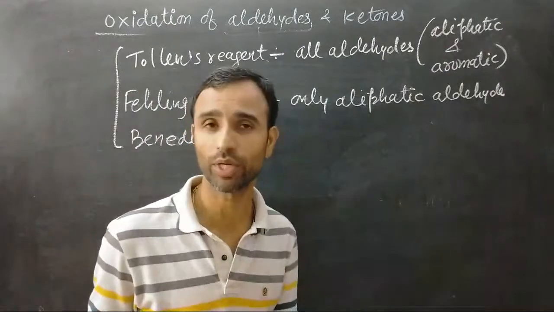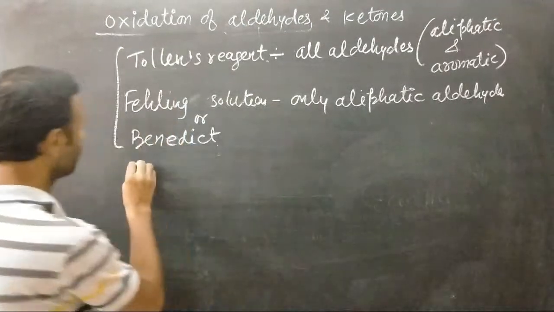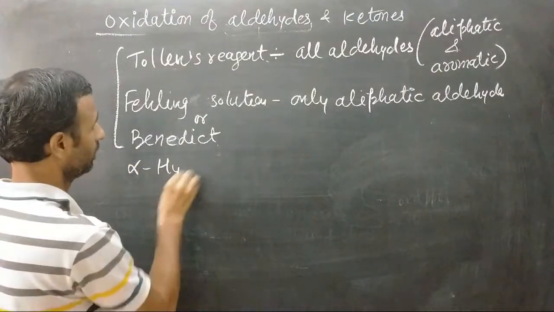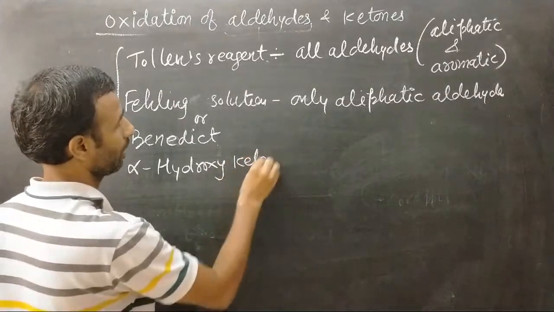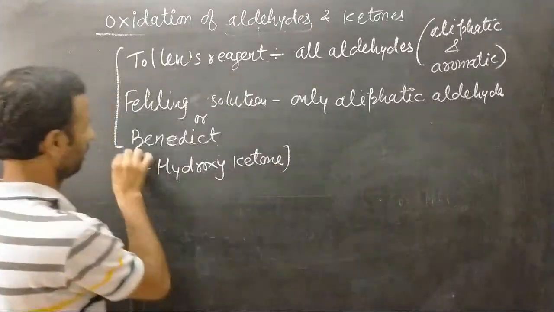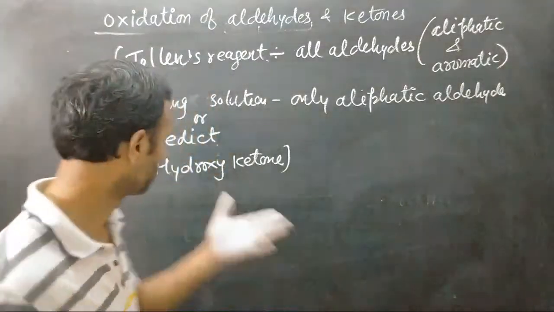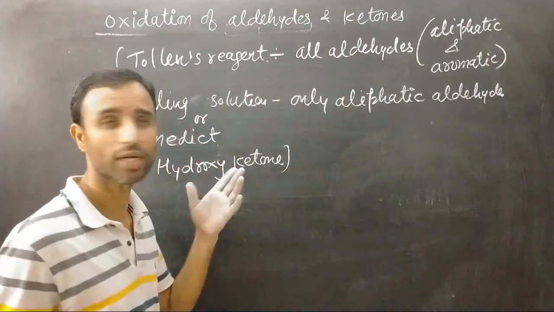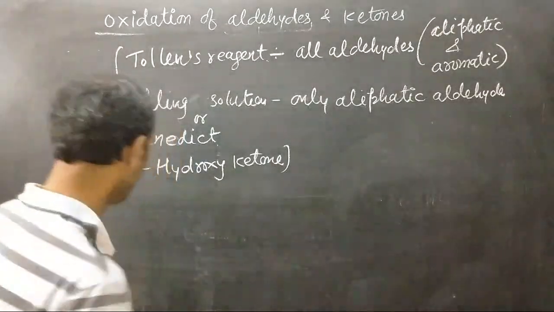Only one type of ketone can react with all of these. That is alpha hydroxy ketone. Alpha hydroxy ketones can reduce any one of them. How?